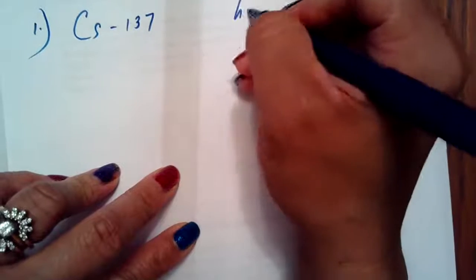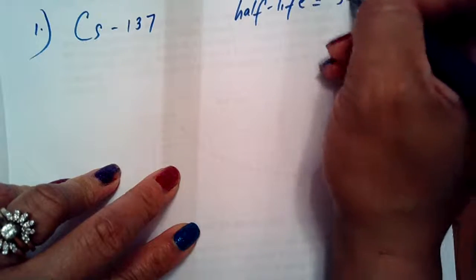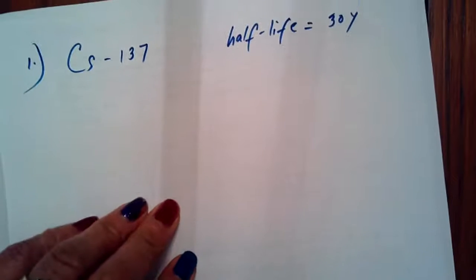Example 1. Let's say that you have an isotope of cesium. So I'm going to look at cesium 137. Let's say it has a known half-life of 30 years.